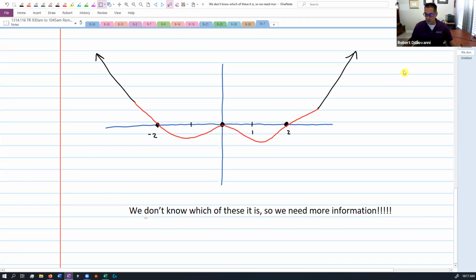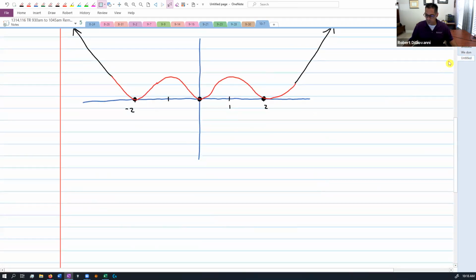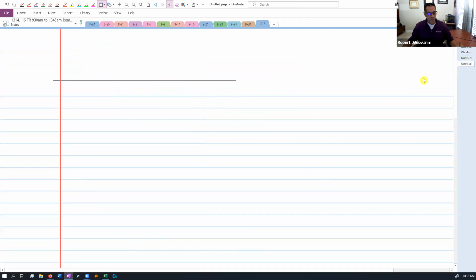And that leads us to the last thing called the multiplicity of the polynomial function. So each x-intercept we have comes from some factor.